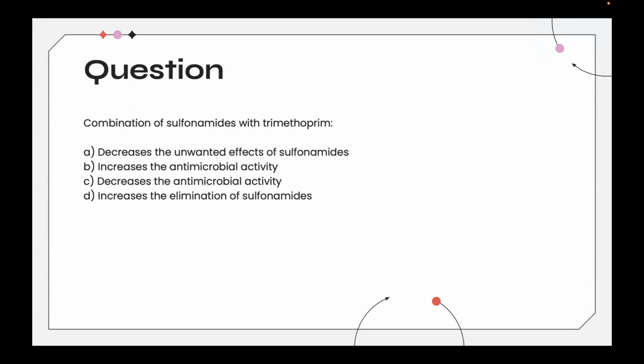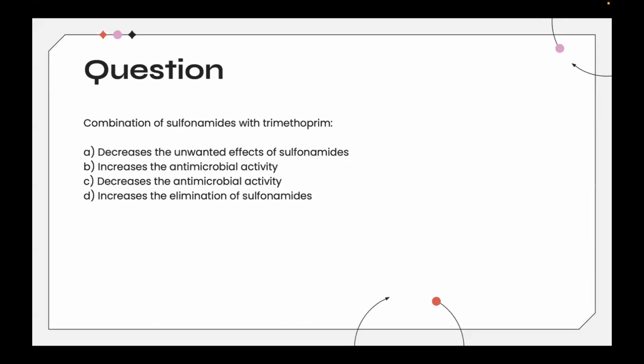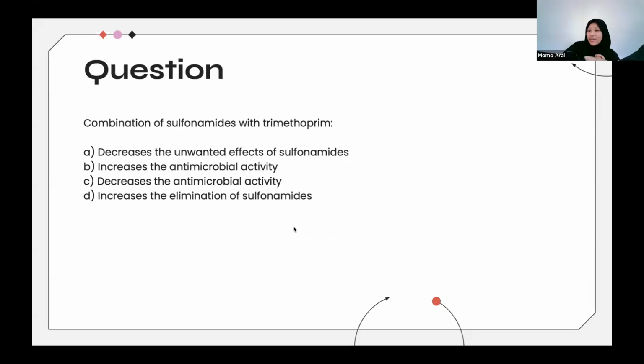Each one individually is static, and both of them together become cidal. Yes, good. That's the main idea I wanted to get across. Both of them together, like he said, is bactericidal. So it kills the bacteria instead of inhibiting their growth. The answer is B. As everyone said, it increases the antimicrobial activity.